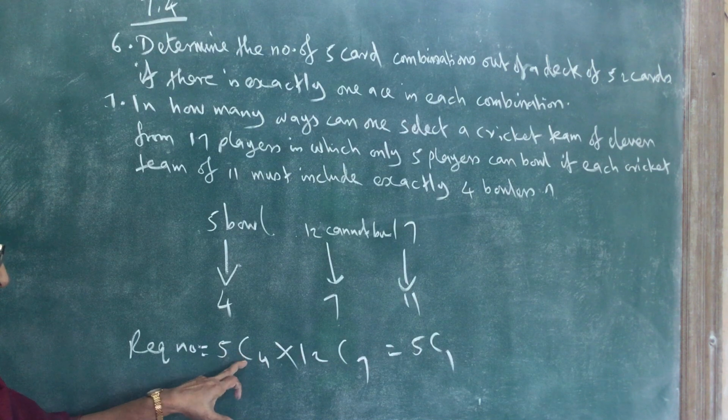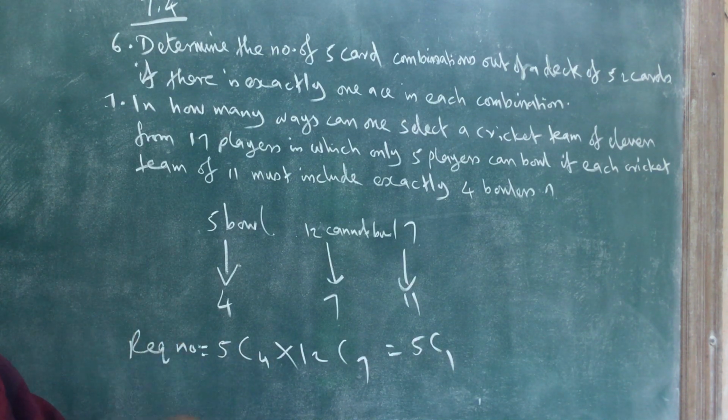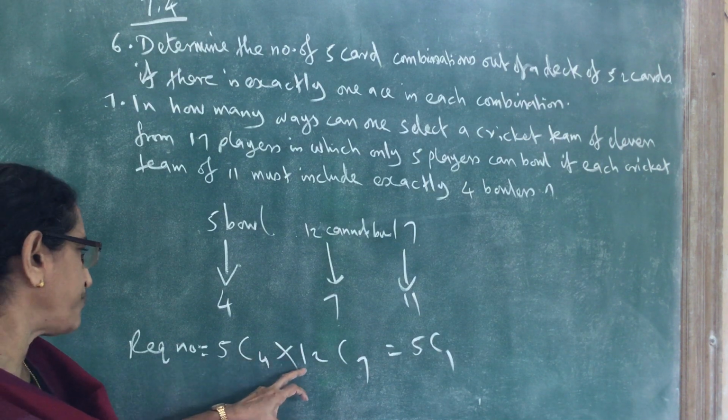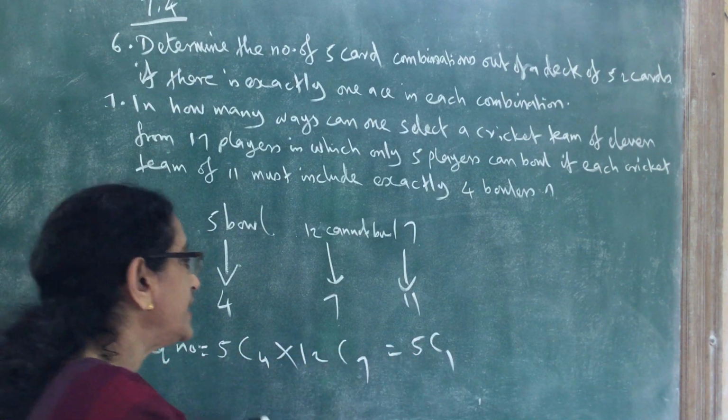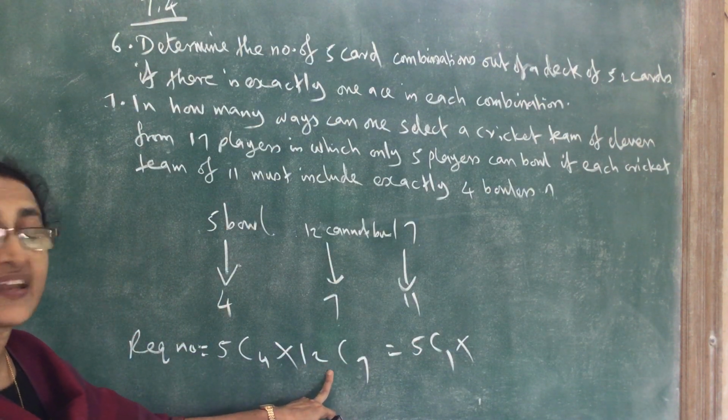Apply the formula nCr equals nC(n minus r). So 5C4 is 5C1, and 12C7 equals 12C5, since 12 minus 7 is 5.